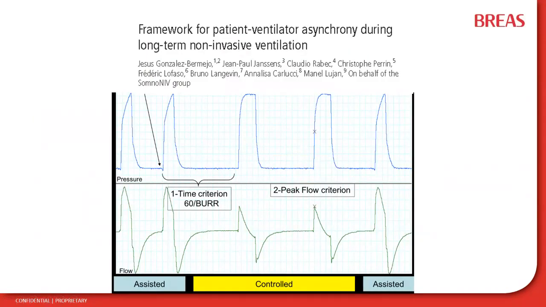In fact, we described this in our framework for patient-ventilator asynchrony during long-term non-invasive ventilation. One of the criteria we described to distinguish assisted and controlled cycles was the peak flow criterion. Remember this: peak flow is always lower in the controlled cycles than in the assisted cycles.